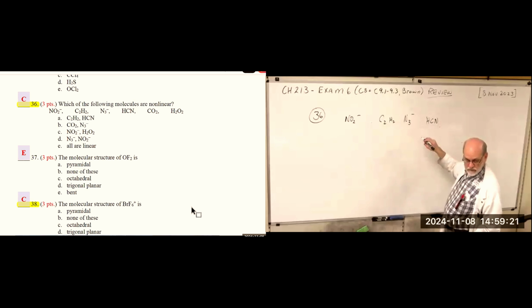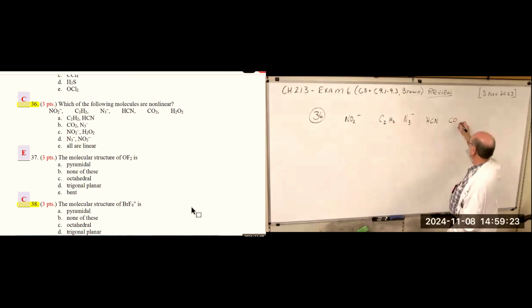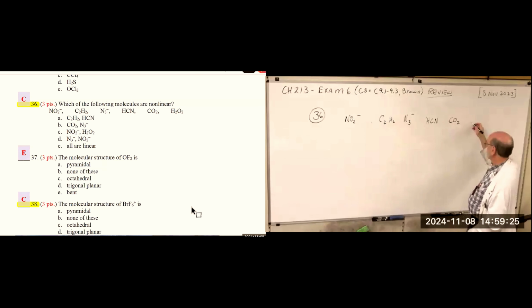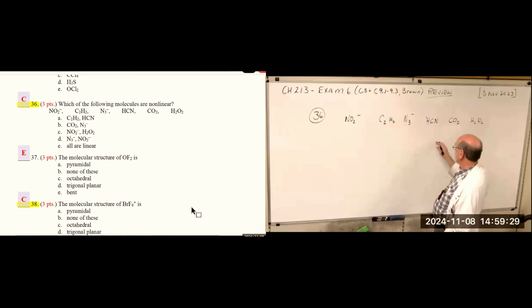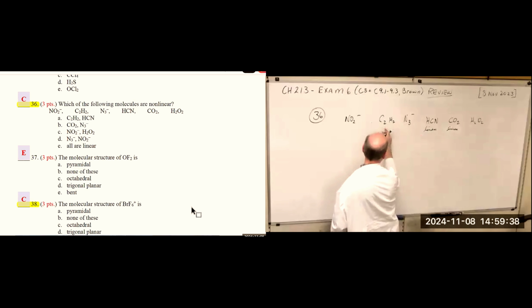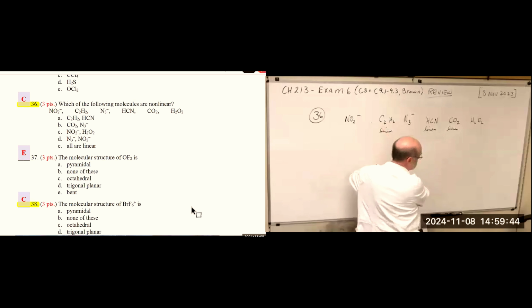We know that HCN is linear. We know this one's linear. So we've done this one before. This one is linear. This one is linear. This is acetylene. It's linear. So now we just have to do the others.